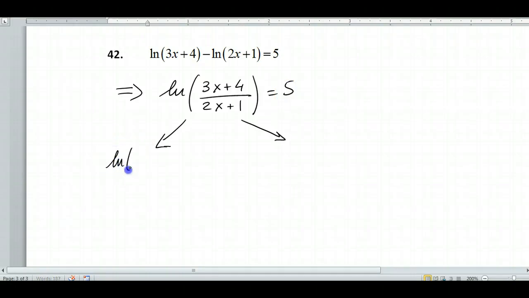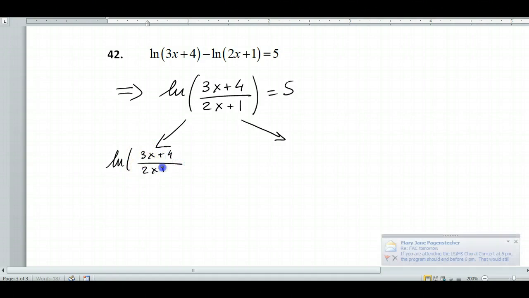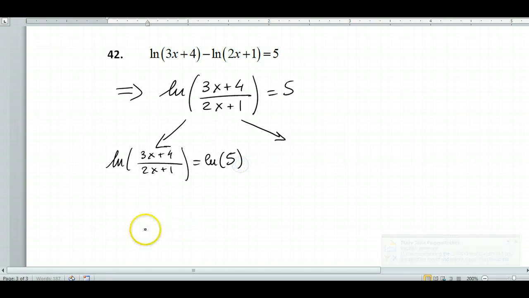And if you rewrite the right side, 3x plus 4 over 2x plus 1, that would be ln of 5. Okay, right? ln of 5. And then you can just drop ln on both sides, because ln is a one-to-one function, so if you have an equality of output, the inputs have to be equal, okay? So you just drop ln on both sides.